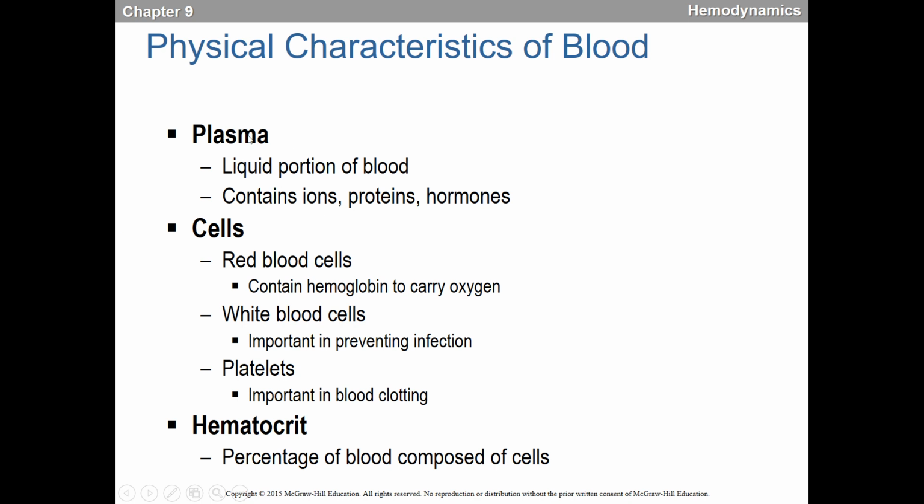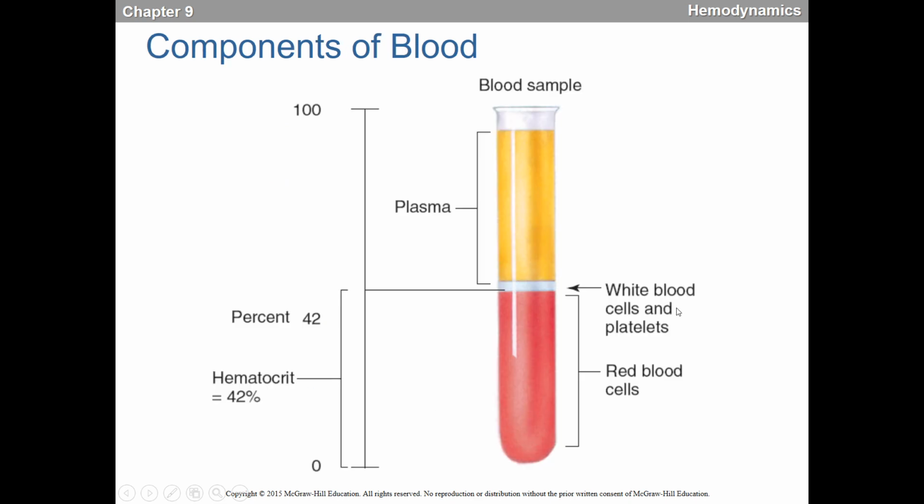And I'm sure many of you actually donate plasma. I used to when I was in college. So that's really what's going on there. But here, plasma is the fluid portion, and hematocrit is essentially the cell portion down here, which is a mixture of white blood cells, platelets, and red blood cells.